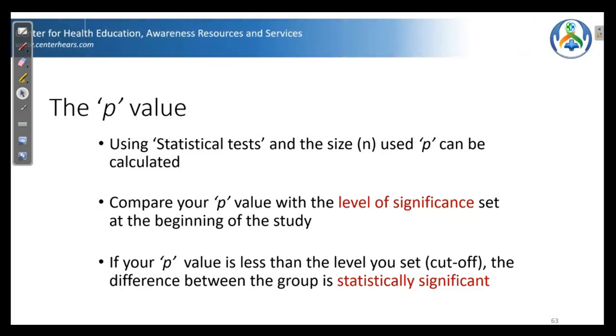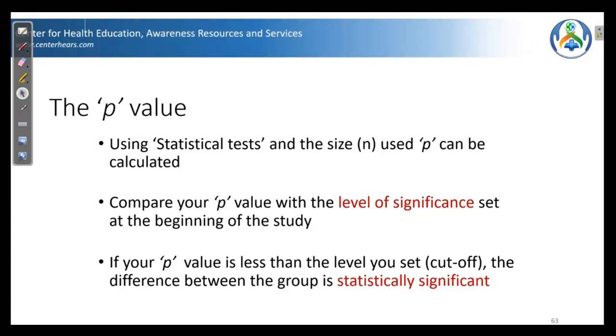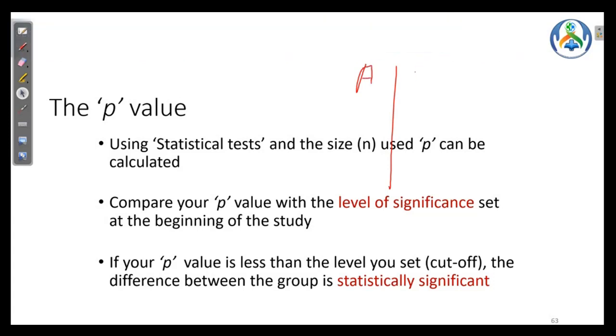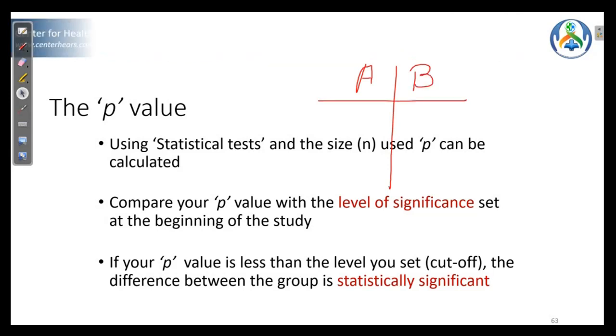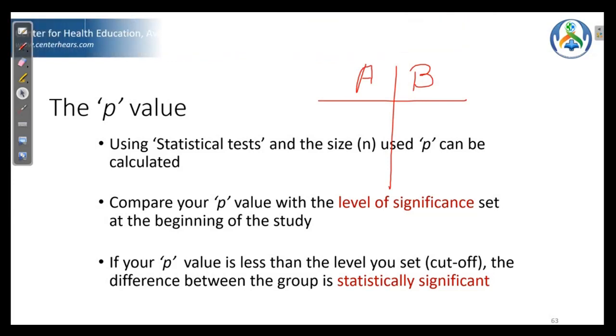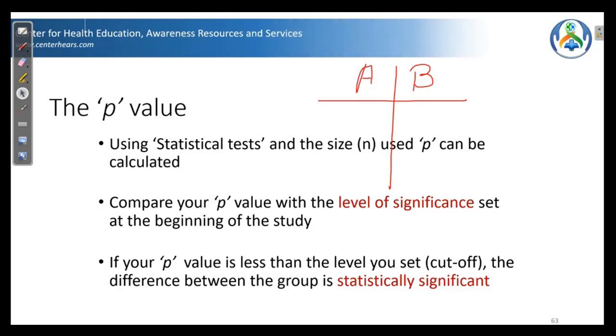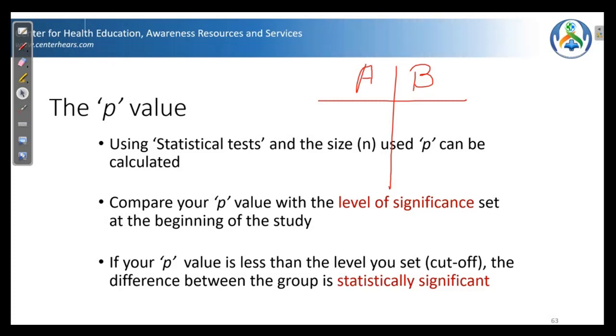It is a statistical test, and the p value can be calculated using the statistical test. I have drug A and I have drug B. We saw that in type 1 error there was a false positive, and false positive means there is no difference, but we are getting a difference, right?